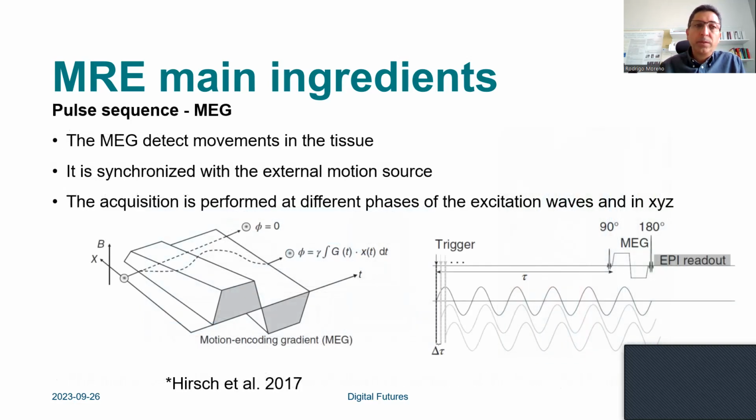Once you have that, you need to image this displacement of the tissues. And for that, you use something that is called motion encoding gradients from MRI. And this is synchronized with the motion that you are inducing to the tissues. So then you can create these estimations of displacements with time.